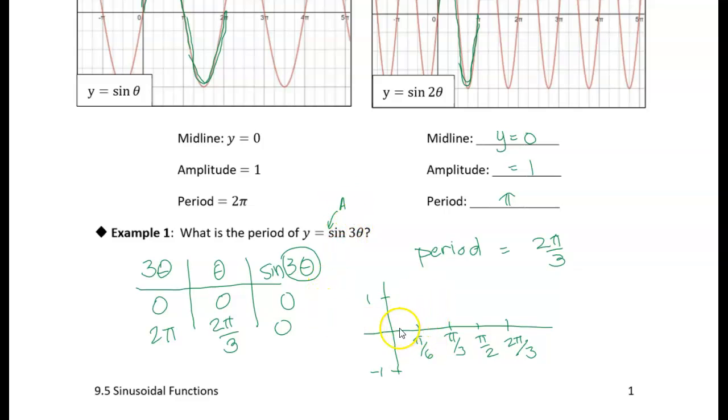And it's going to look just like the sine function, it's just going to go like this, right? So we're going to have a sine function that looks like this. And this is theta. Okay, I guess I didn't really ask for the graph. But the period is 2 pi over 3, a third, because we have 3 theta. All right, I will meet you in the next video and we'll talk about horizontal stretches.